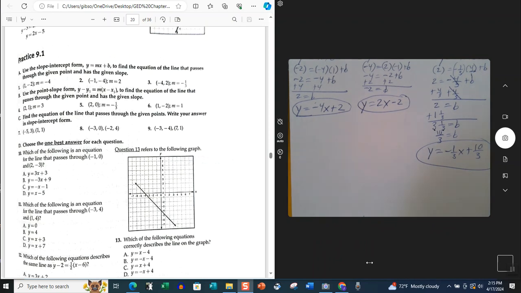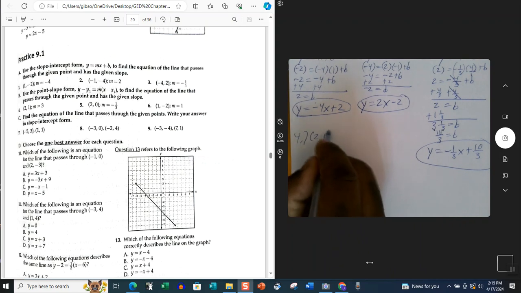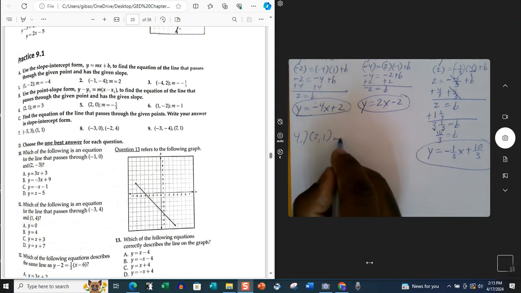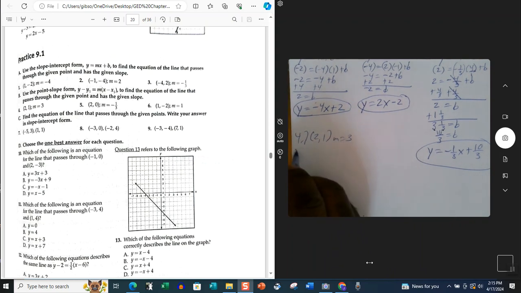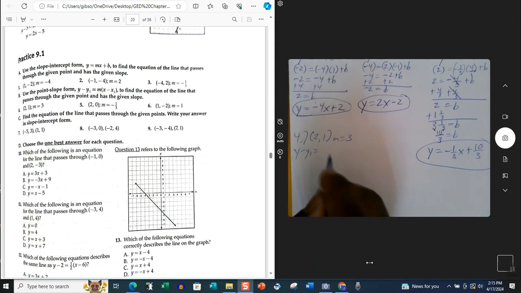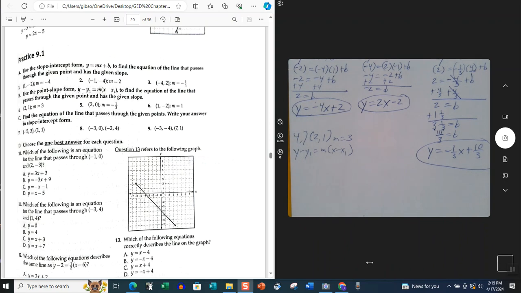Alright, so now we're going to go to problem number 4. Problem number 4, it says we have (0, 2)... and the slope is 3. So we'll do y minus y sub 1 is equal to the slope times x minus x sub 1.